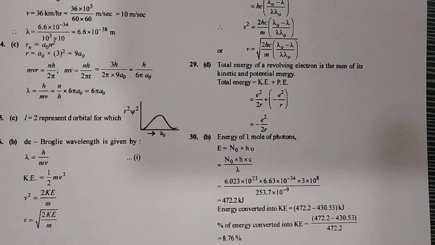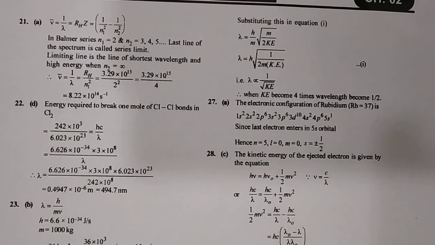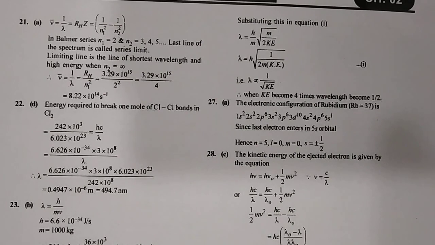Now put this value in above equation number 1. ये v की वैल्यू उठा के इक्वेशन नंबर 1 के अंदर डाल दीजिए, सिंप्लीफाई कीजिए and finally lambda is proportional to 1 upon root of kinetic energy, means when kinetic energy becomes 4 times, wavelength becomes half. B Bombay is your right answer.